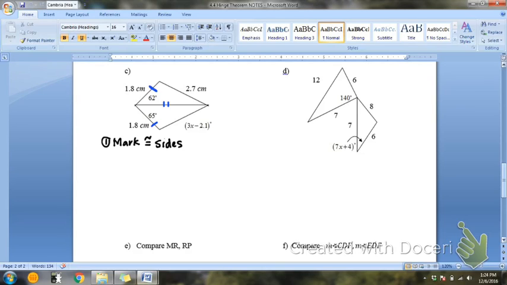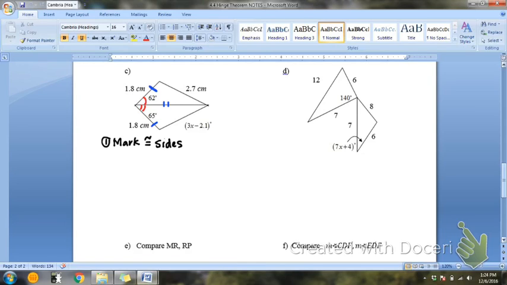Then we're talking about the angle that's 62 and the angle that's 65. Okay, so if we think about what we've been doing now, all the other ones we have been trying to find the angle. But on this one, where's our x value? It's a side, right? It's not an angle, it's a side.